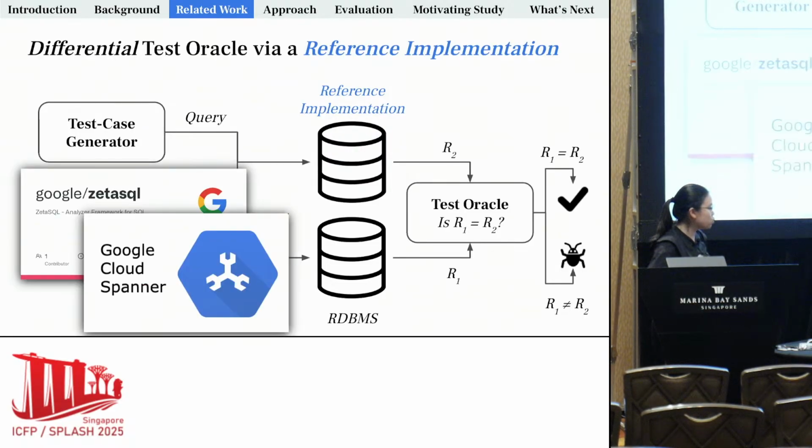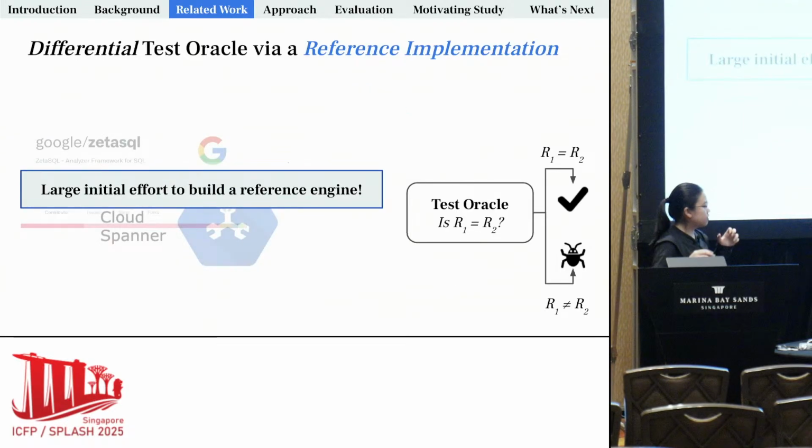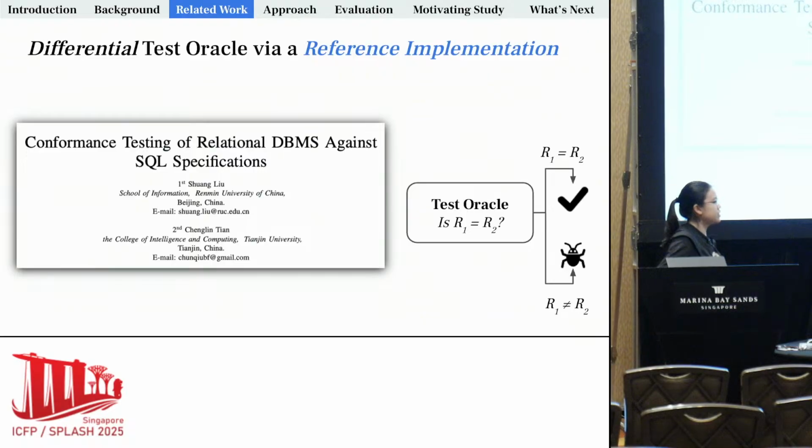There have been various works on this by Google, and the limitation of this is that it's specialized to a particular class of dialects, so it takes a lot of work to build a reference engine from scratch for another dialect. There's also a recent work just last year, SAMCON, where the authors tried to formally model the standard SQL specifications using Prolog.